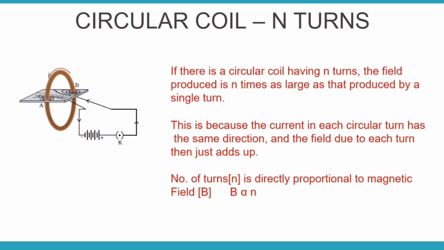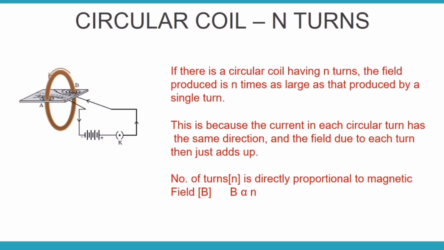This is because the current in each circular turn has the same direction, and the field due to each turn just adds up and enhances the magnetic field. So here we can conclude that the number of turns is directly proportional to the magnetic field.